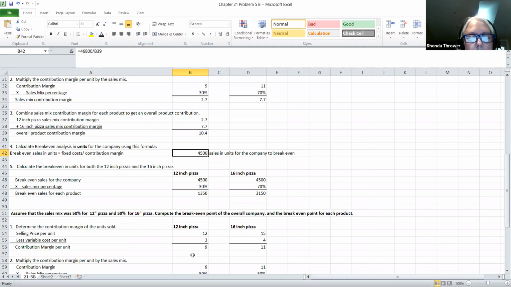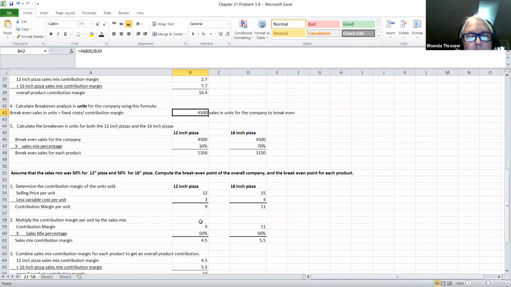The first step is the same one that we did before: find the contribution margin per unit. Then we take that contribution margin per unit and multiply it by the sales mix percentage, which in this case was 50%. That gave them $4.50 for the 12-inch pizzas and $5.50 for the 16-inch pizzas.